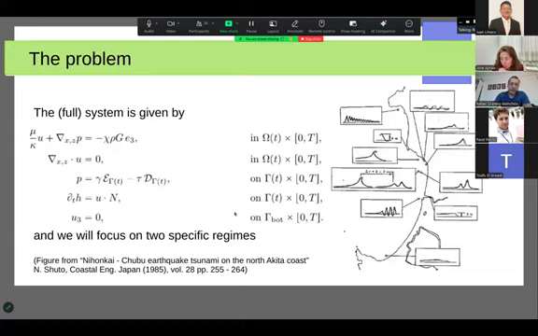We say we cannot consider the full system, or maybe we can, but we don't do it here. We are going to focus on just two particular settings akin to two of these pictures.